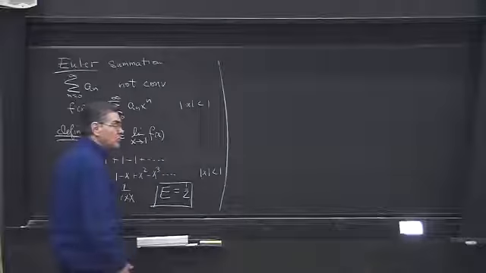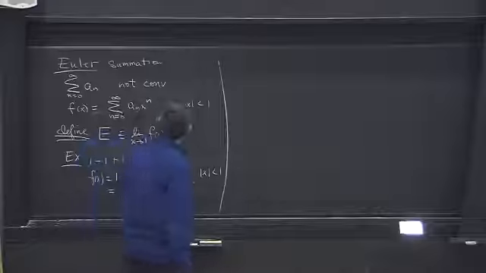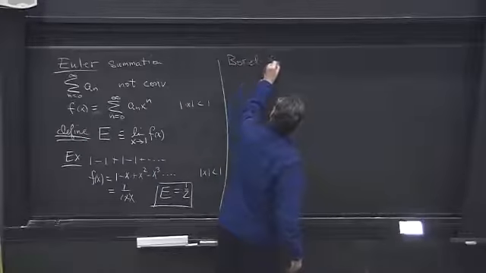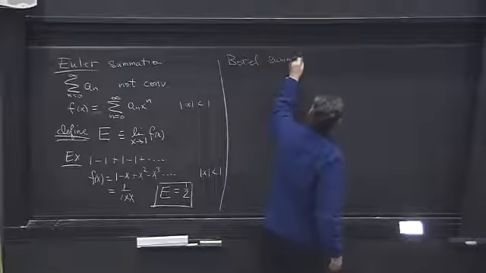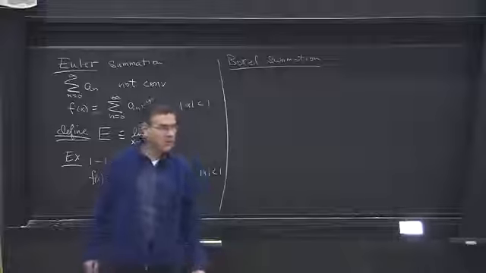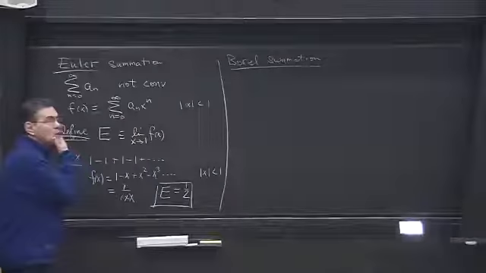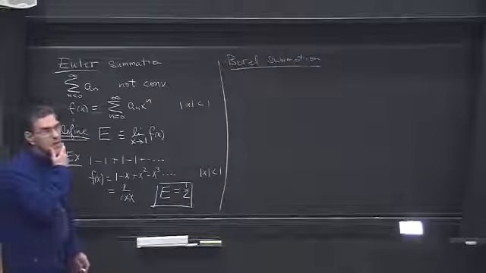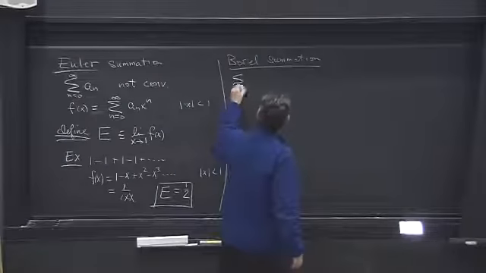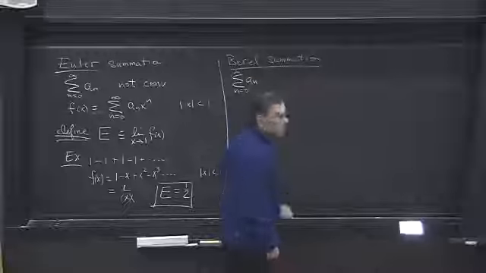So I'm going to show you another technique. This is called Borel summation. So Mr. Borel says, suppose you have a series, the sum from 0 to infinity of a sub n.